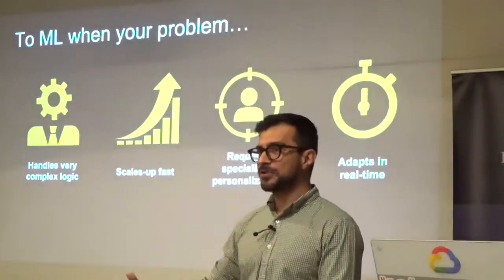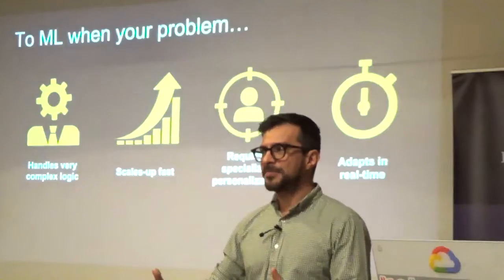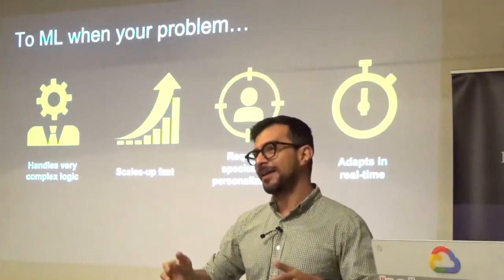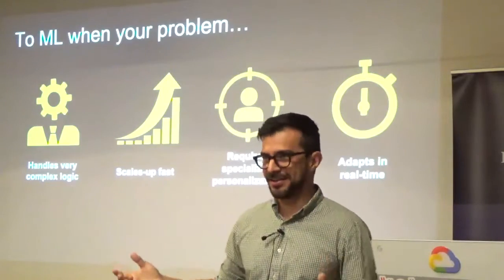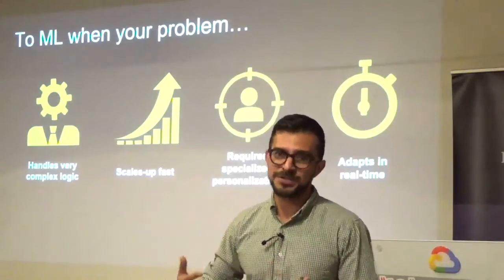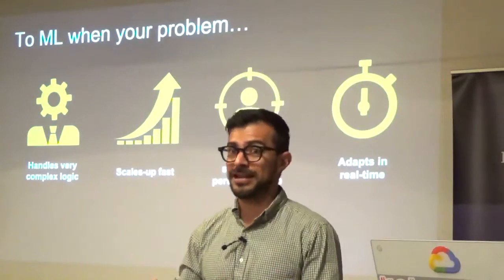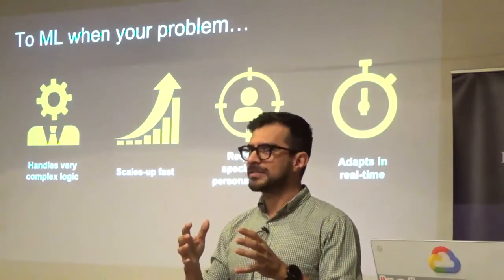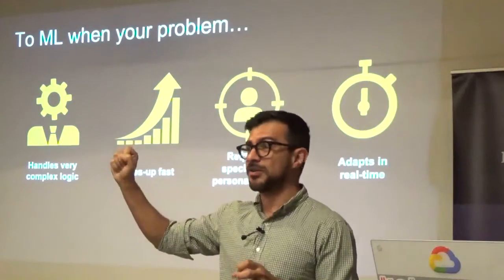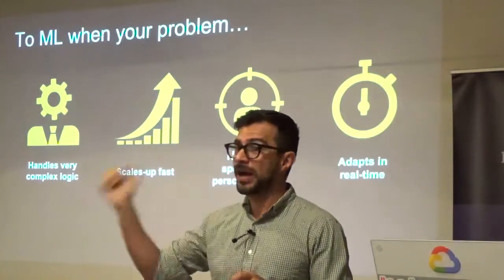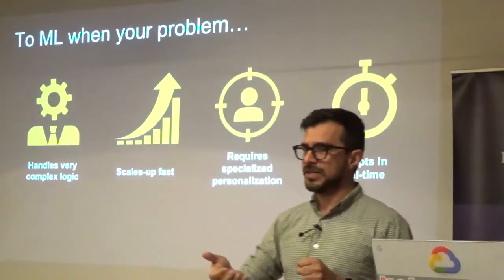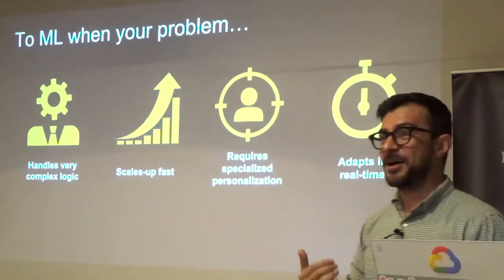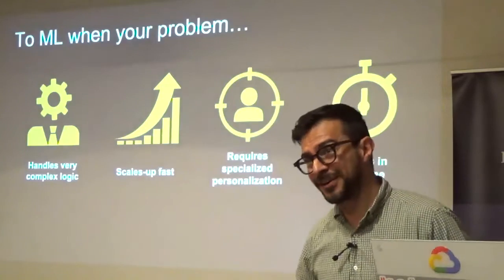I'm using search as an example because trends can happen, right? If today Beyonce releases her new album, people are going to be searching for that, and you want to make sure you can adapt immediately. So if your problem is something that is going to change suddenly, and you want to catch that trend, machine learning is a good option. Because if not, your rules are not going to work.